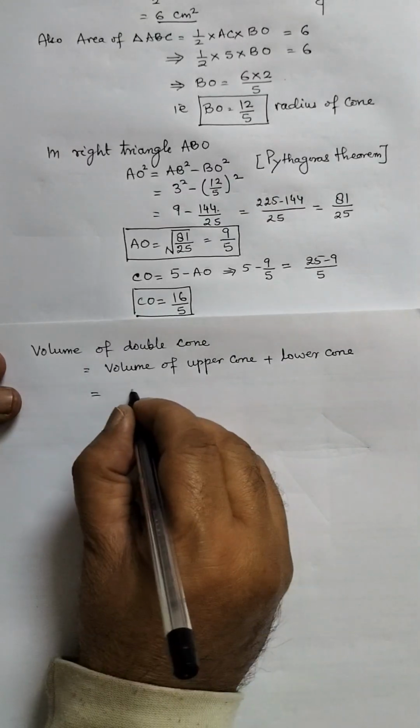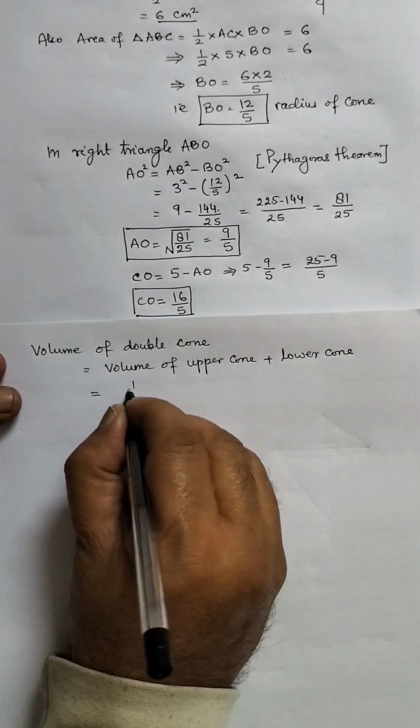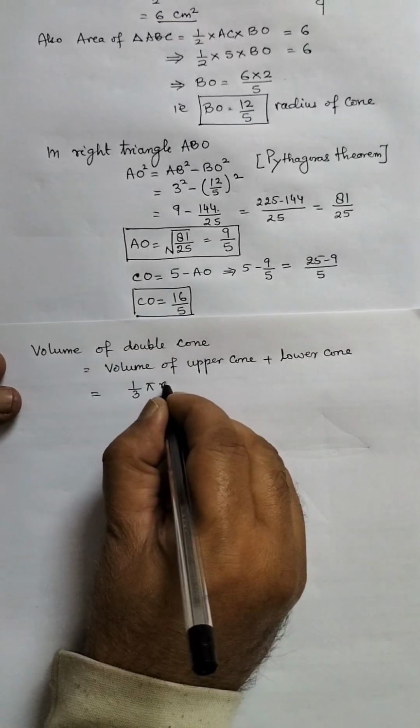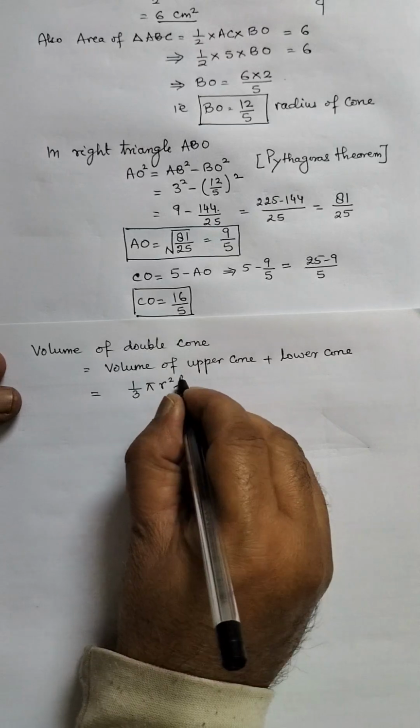That is, the formula for volume is 1 by 3 pi r square h.